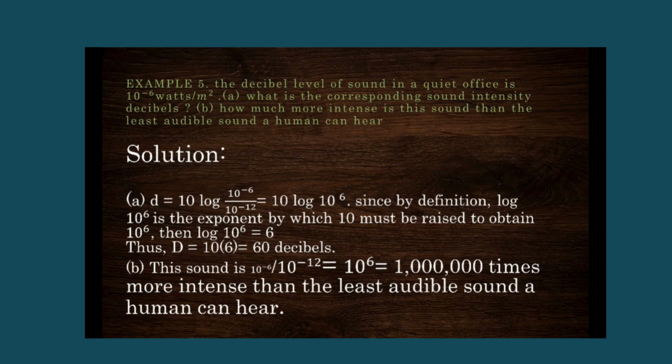So D equals 10 times 6, which equals 60 decibels. And B, the sound is 10 to the power of negative 6 over 10 to the power of negative 12, which equals 10 to the power of 6, or 1,000,000 times more intense than the faintest sound a human can hear.